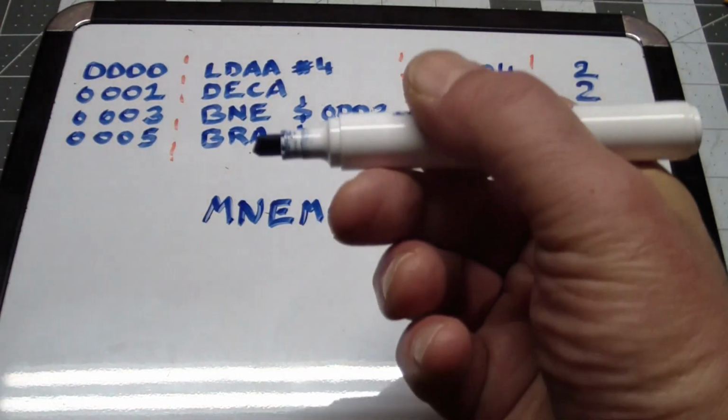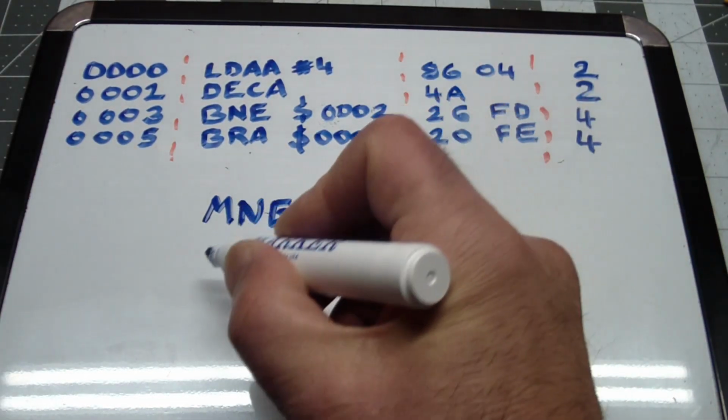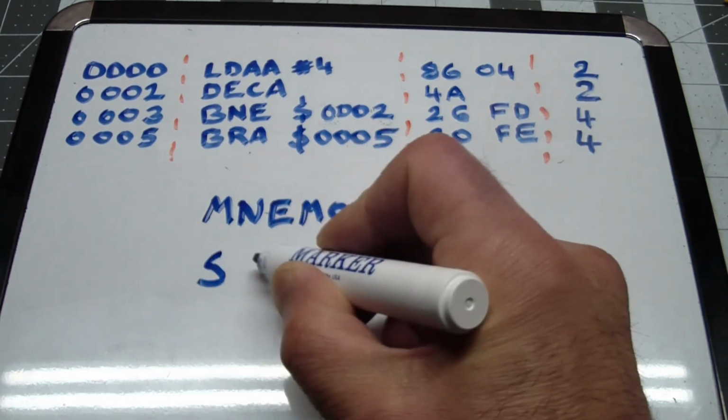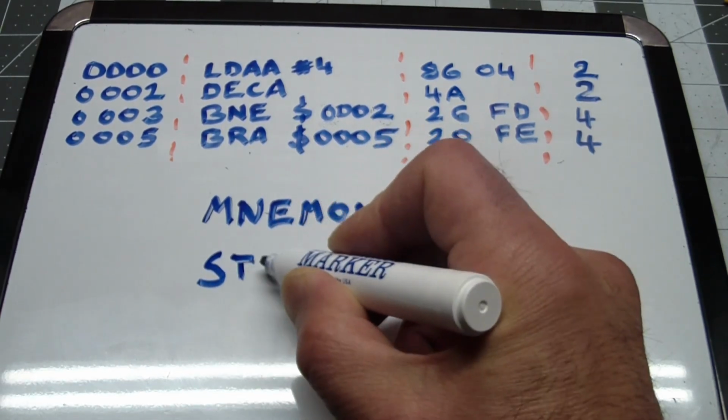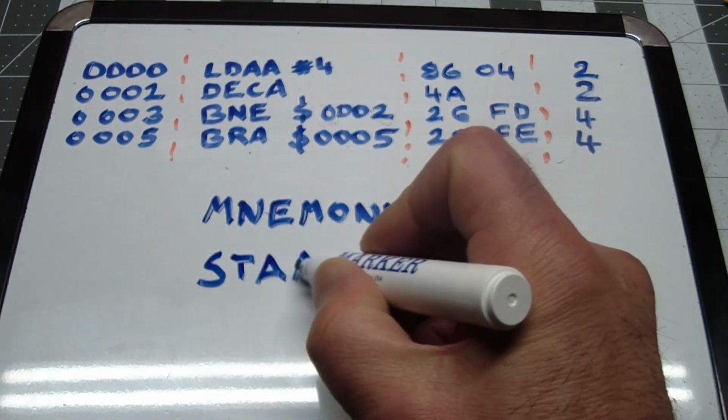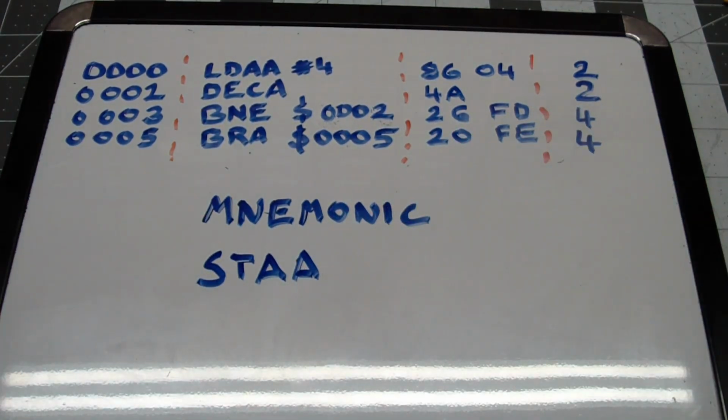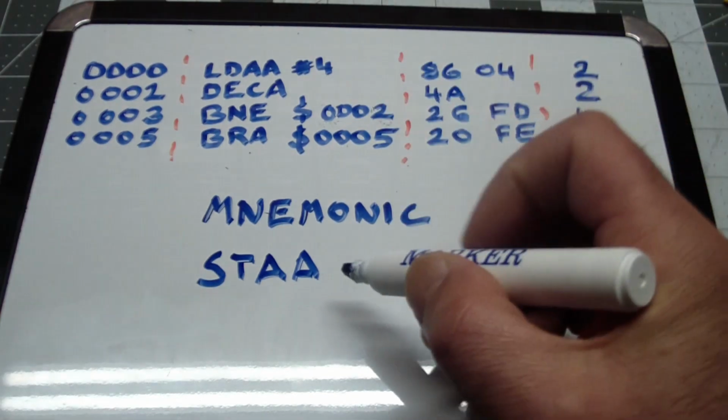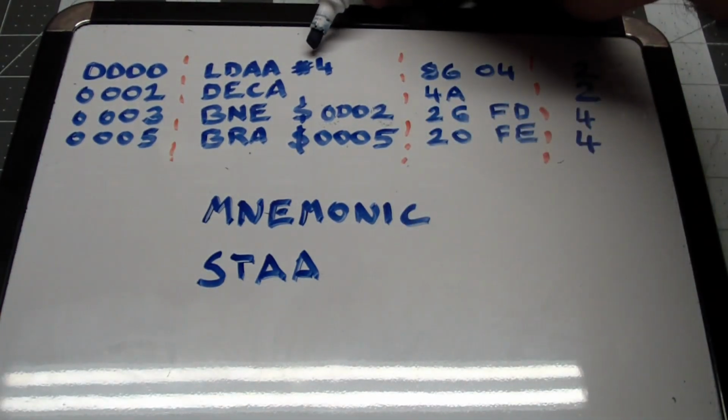A few other instructions we'll see, and we won't hand assemble them here, but let's take the opposite of load accumulator A, store accumulator A. And this will be, remember this was an immediate mode? Well, we can't store into a constant.